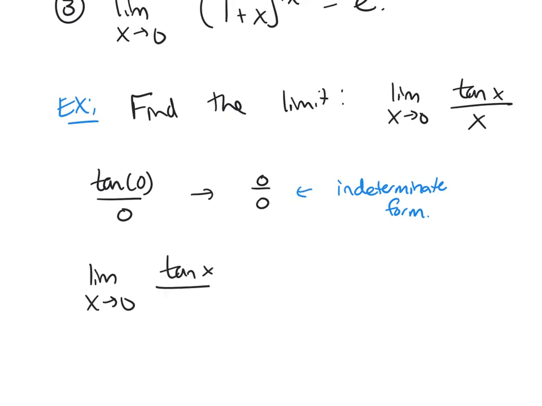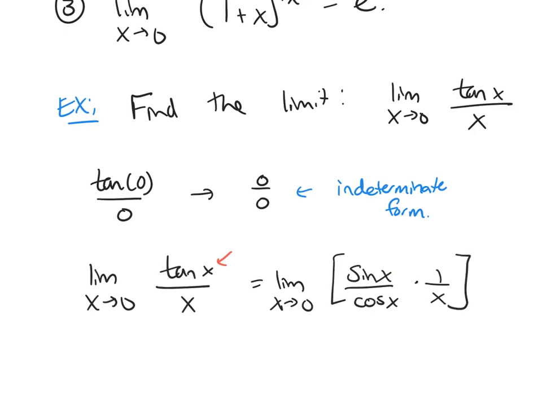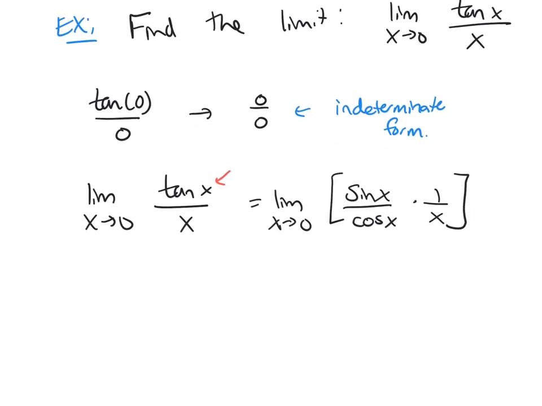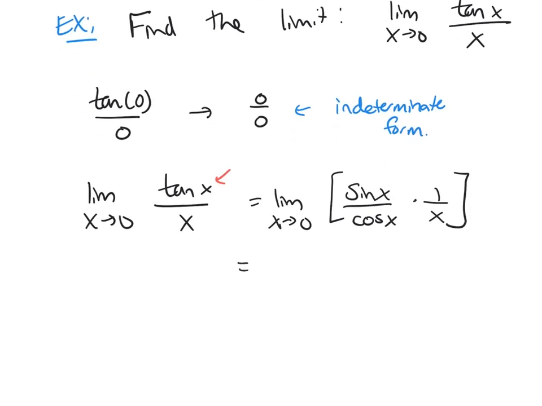Well, what I can do is I see this function tangent of x. I could think of that as being sine over cosine. And then if I rearrange my fractions here, I move some stuff around, this would be sine of x over x times 1 over cosine x.